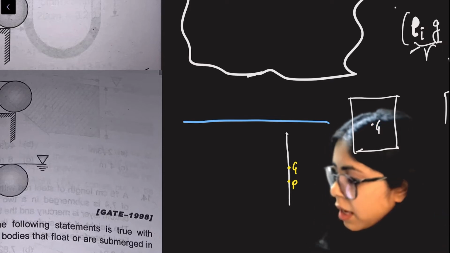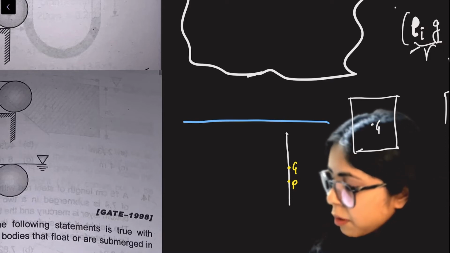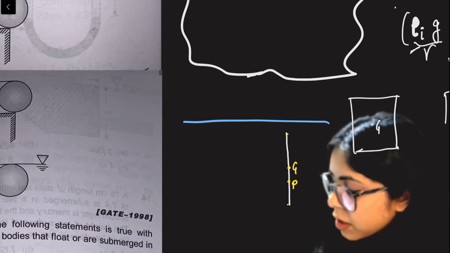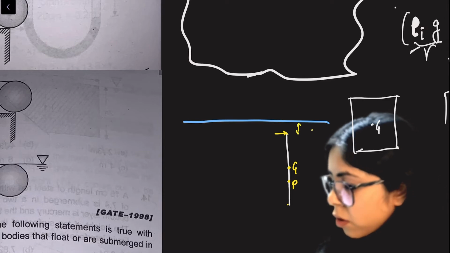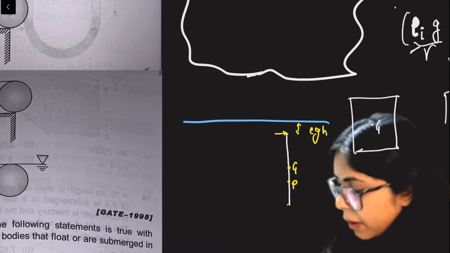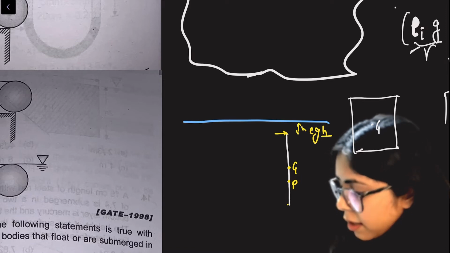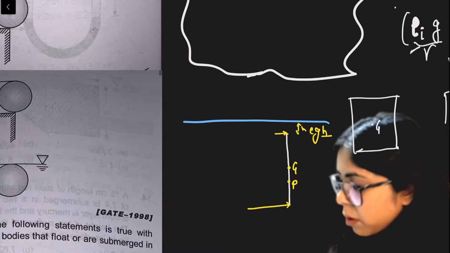See, if I look at the pressure diagram, previous questions also we have seen the pressure diagram. The pressure diagram starts from this particular end to this particular end. How much pressure will be here depends on the height: rho, g and h. Till here the height is somewhat less, here the height is somewhat more, so the pressure will become more.